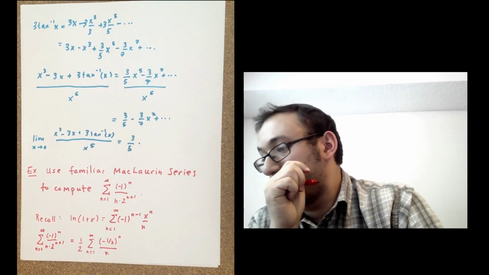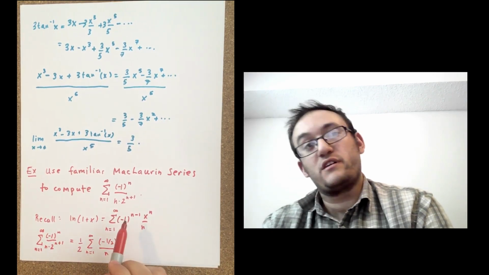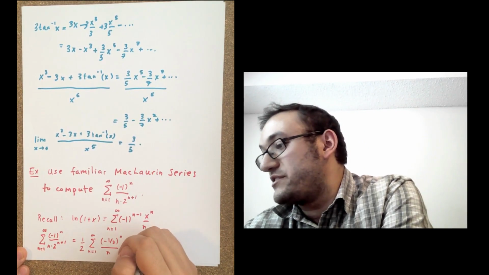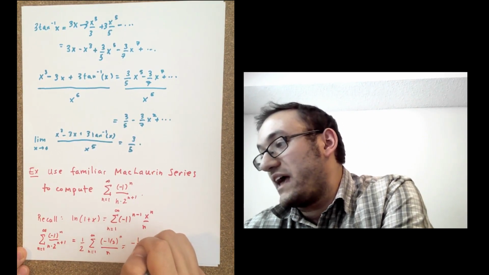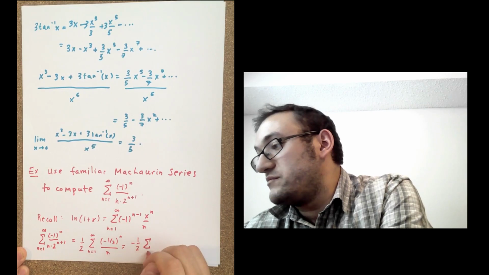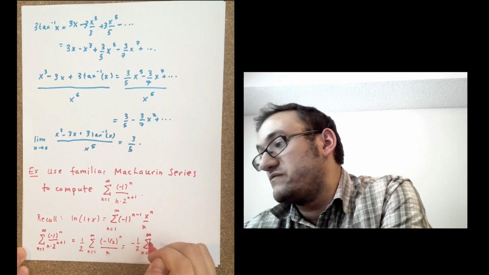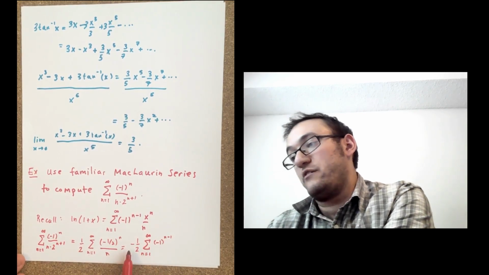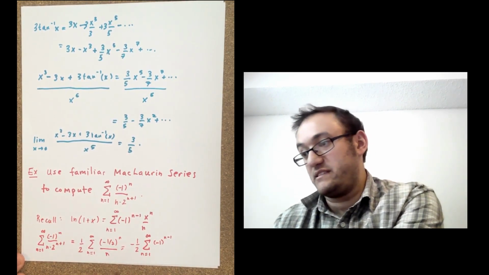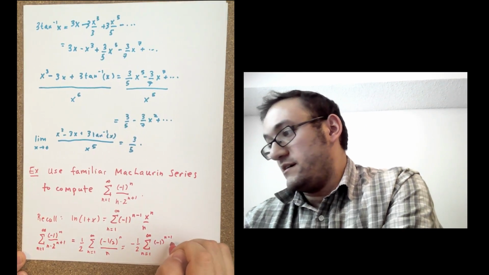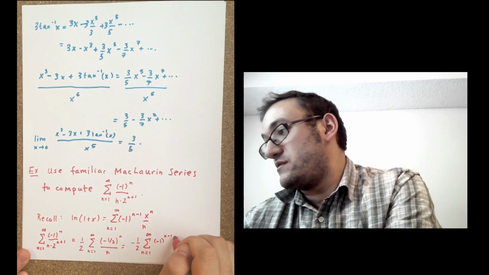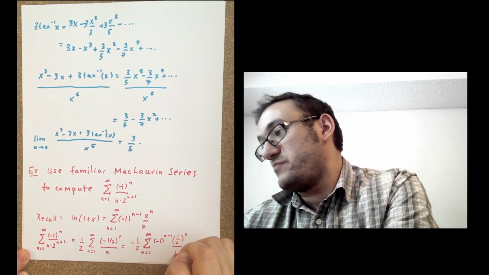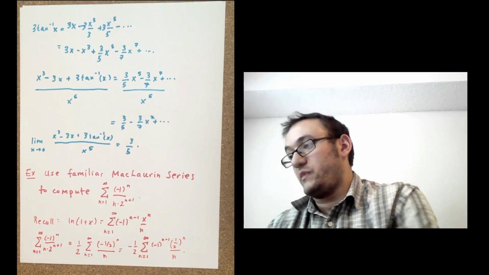Okay. So that's pretty close to our expression for log, but we want to have this minus 1 to the n minus 1 separate. So actually, let's make this minus 1/2 times the sum from n equals 1 to infinity of minus 1 to the n minus 1, and I pulled out an additional minus here so that the sign stays consistent, times 1/2 to the n divided by n.